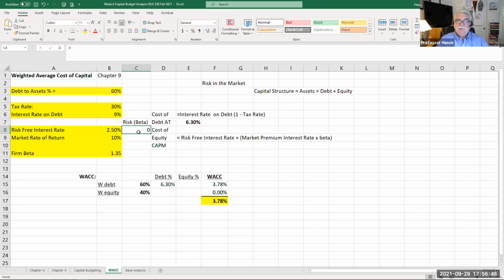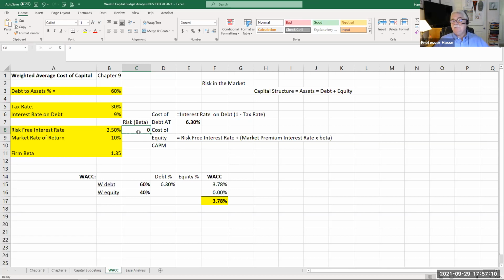And you know what? Apple's not like the government. They can't print money. That's why. So if Melanie says, Mr. Hasse, I want the safest investment, I would tell her to buy United States Treasury securities. Now, they're not going to pay very much, but you won't lose a nickel.